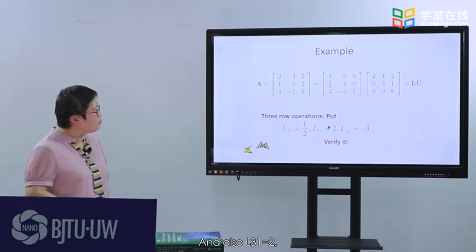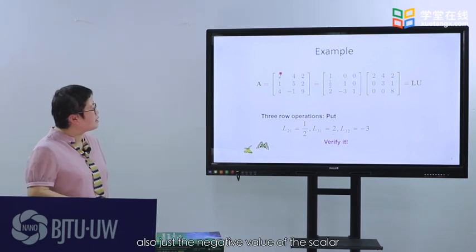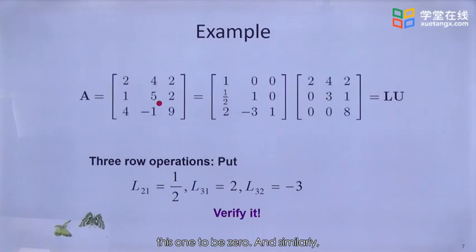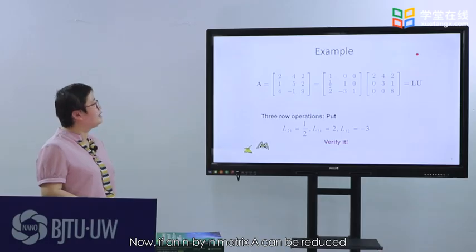And also L31 equals 2, also the negative value of the scalar you used to eliminate this entry to be 0. And similarly, you can have L32 equals minus 3. So you can get this L. And after these row operations, this upper triangular matrix you can obtain immediately, right?